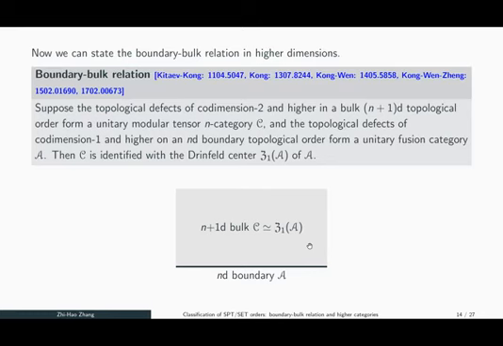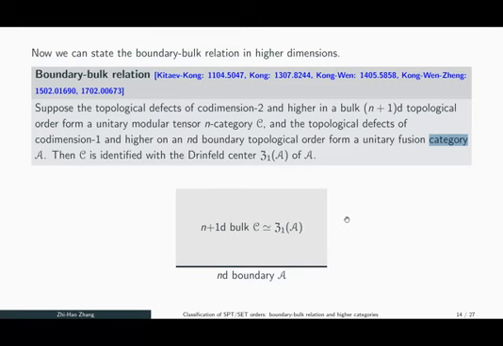So they form a unitary fusion N-category. And the boundary-bulk relation says C is identified with the center of A. It's very similar to the 2D case, but all topological defects form higher categories, not one category.